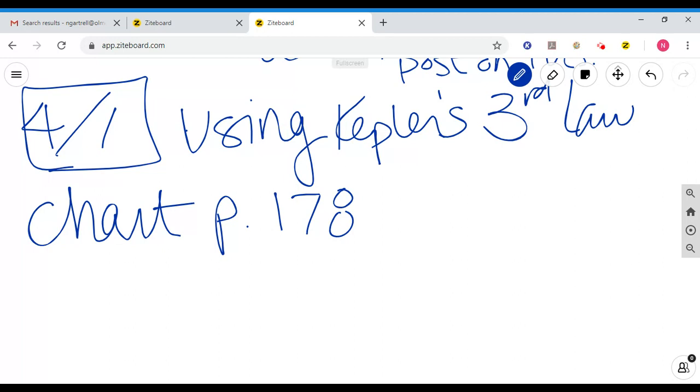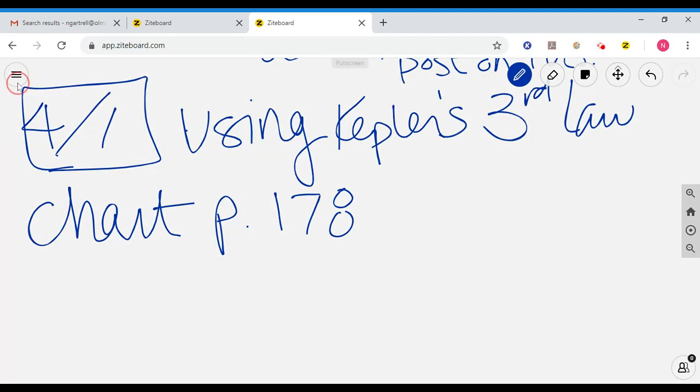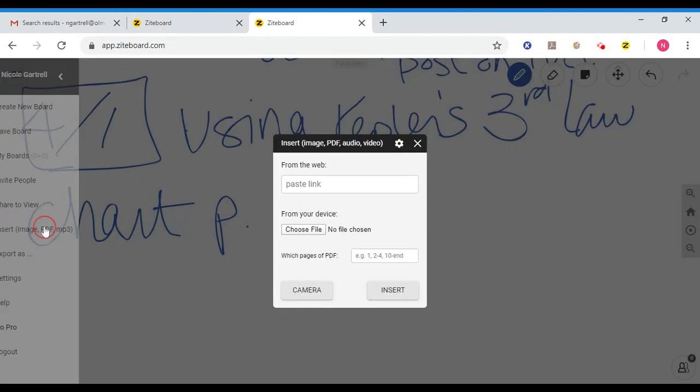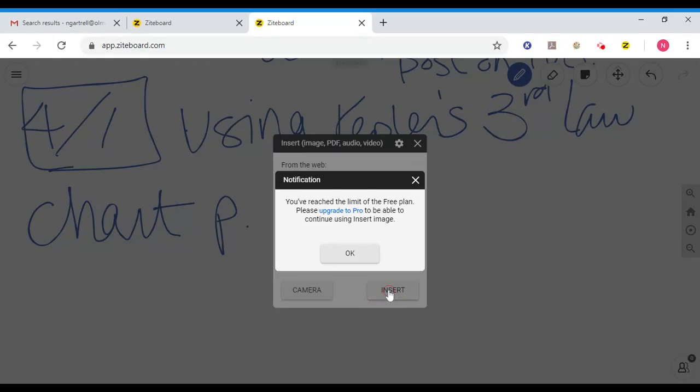And I'm going to try something different. I want to insert a picture. Insert. Downloads. Chart. Let's insert.